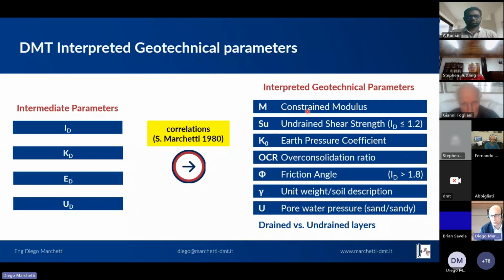So the constraint modulus, the undrained shear strength, earth pressure coefficient, overconsolidation ratio, friction angle, unit weight, pore water pressure in sands, and the distinction between drained and undrained behavior of layers. So for this, there is a set of correlations that I will show you in the next slides.